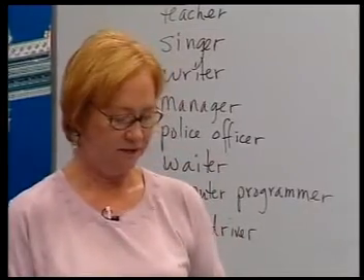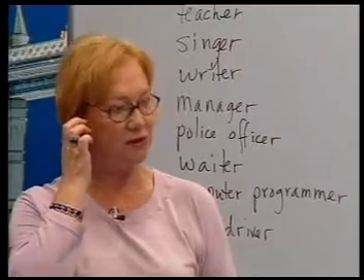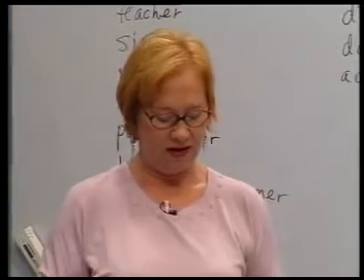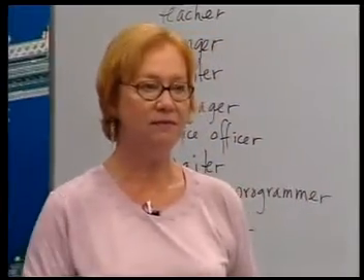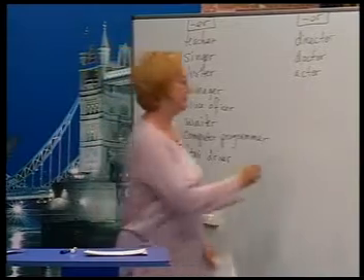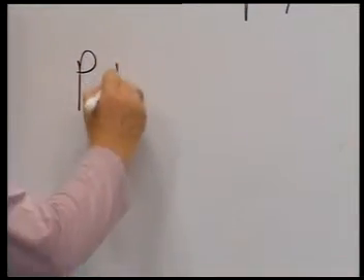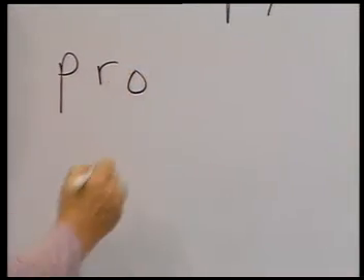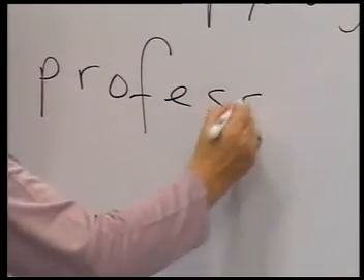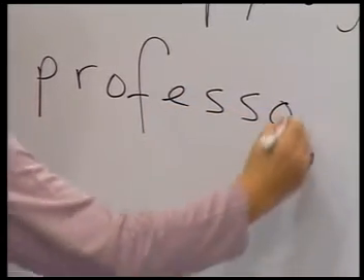A farmer. Good. What does a farmer do? He makes food. Well, he grows food. A cook makes food. Any more, Isabel? A professor. How do you spell it? Professor. Yes, very good.